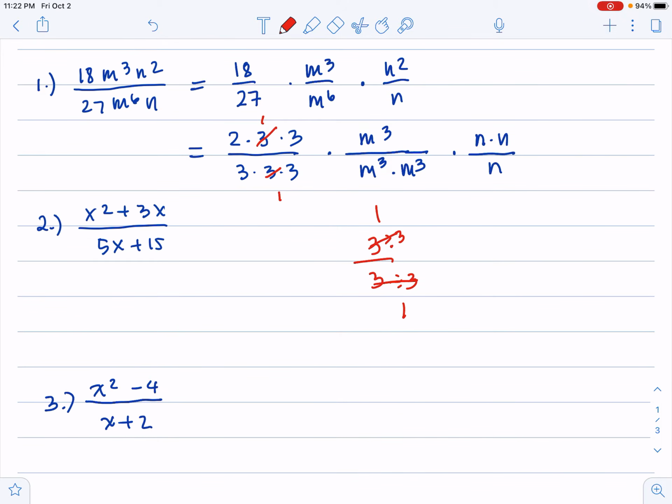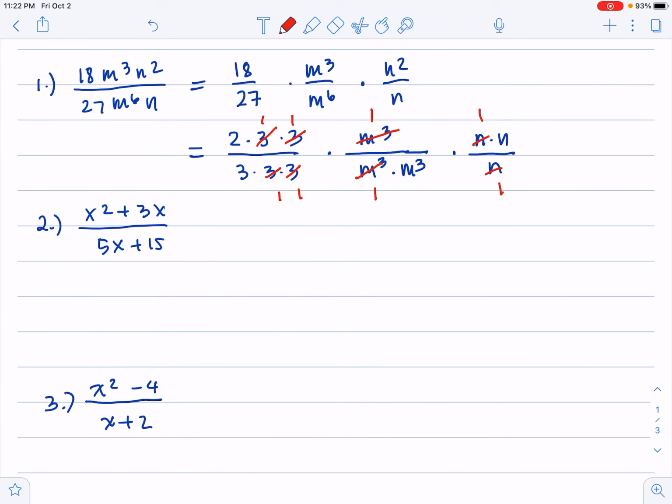Yun ang ibig sabihin ng cancellation, no? So, ang problema kasi dyan, pag hindi mo nilagyan ng 1, minsan nagiging 0 siya pag nakalimutan, pag walang natira. Okay? Tapos yung m cubed, so m cubed divided by m cubed, that's 1. M cubed divided by m cubed, that's also 1. And then yung n, 1 din yan.